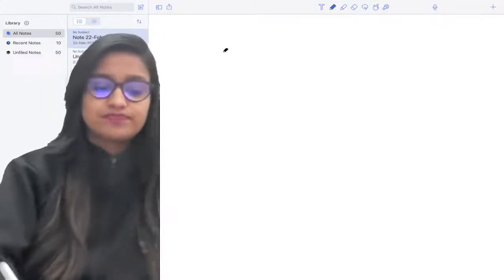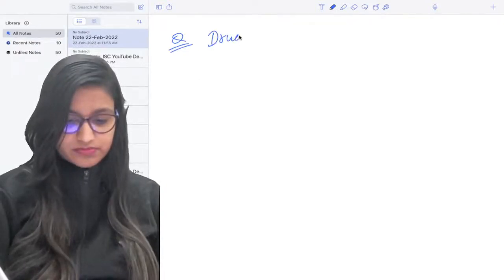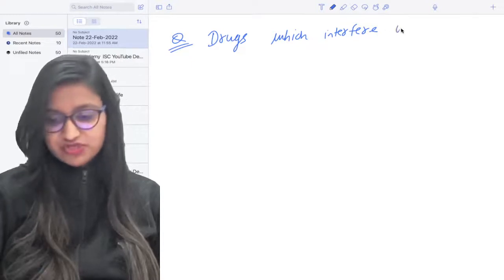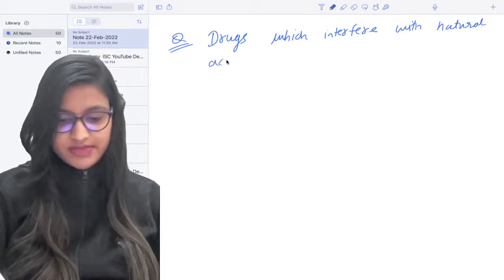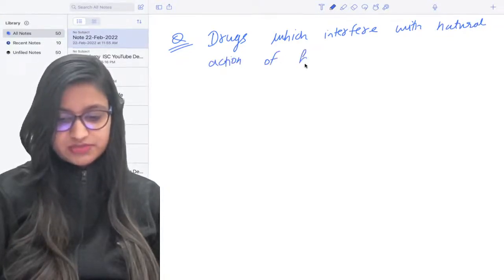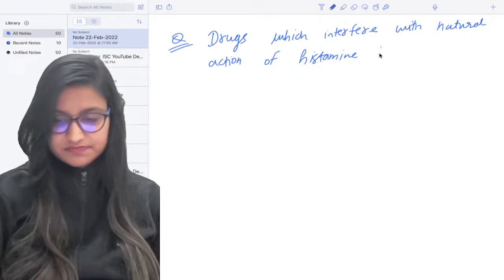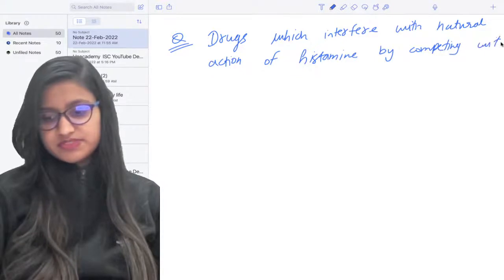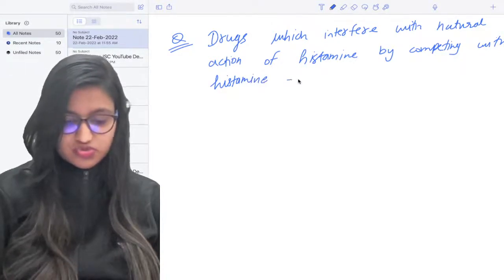Last question for today. Drugs which interfere with natural action of histamine by competing with histamine, उसको क्या बोलते हैं?